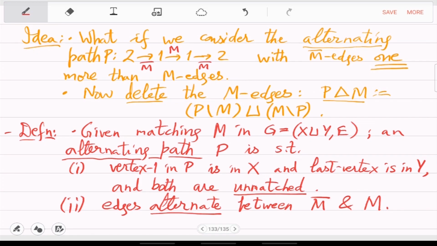So that is the definition here: no M edge incident on the first vertex of path P, and the same thing with the last.